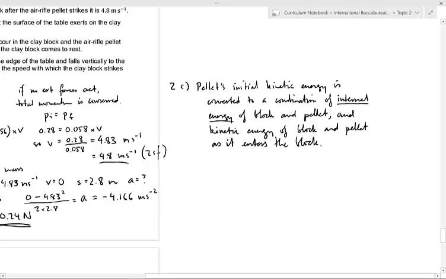Then we have a second motion here where the thing slides along the surface, slowing down.